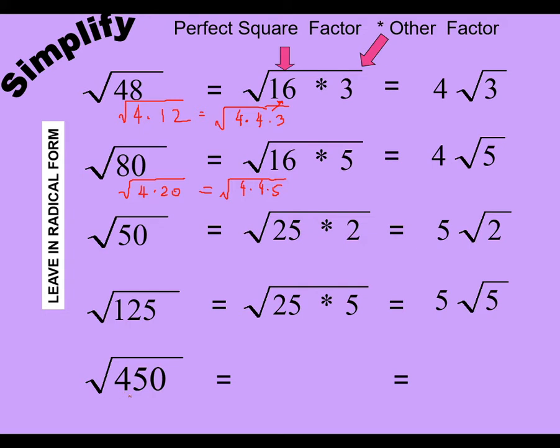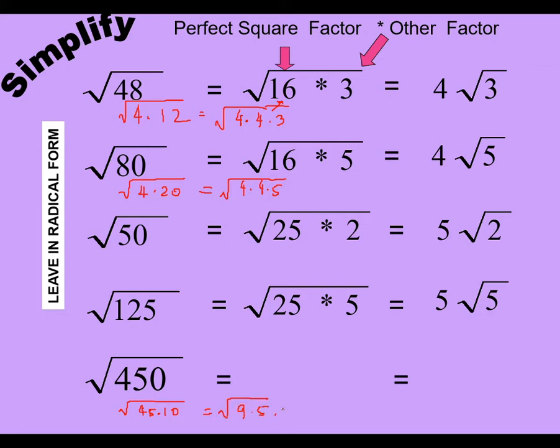Medyo malaking number na to. So, kapag ganyan, pwede nyo namang, since 0 ang dulo, we stick by 10. So, 10 times 45. Diba? Tapos si 45, try natin i-factor. Tsaka si 10. So, si 45 is 9 times 5. Tama? 9 times 5.